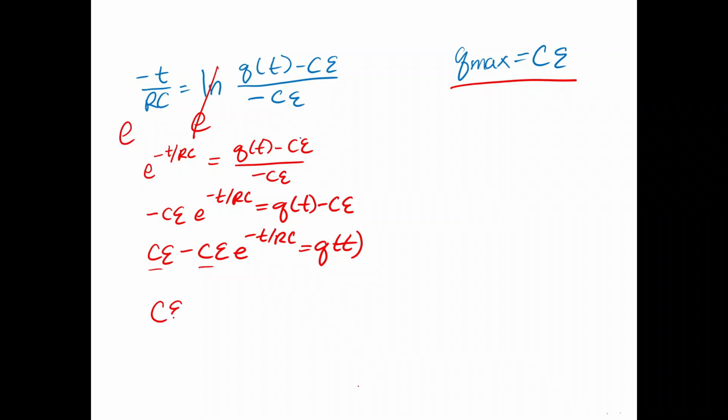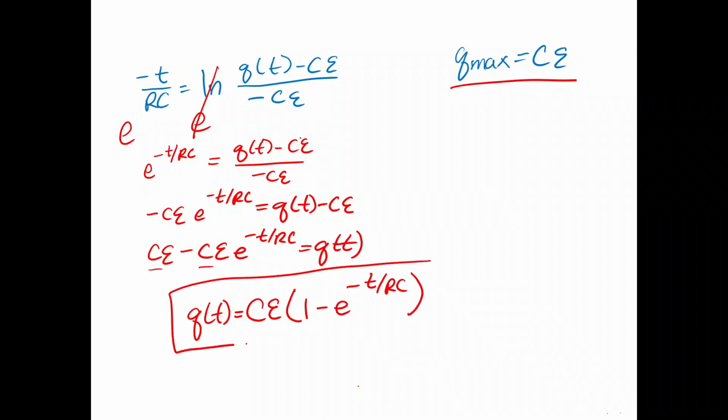So I'm going to write Q of T is equal to CE times 1 minus E to the negative T over RC. And that is the equation for the charge over time of a simple series RC circuit.